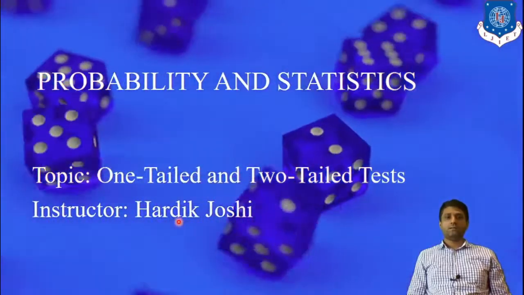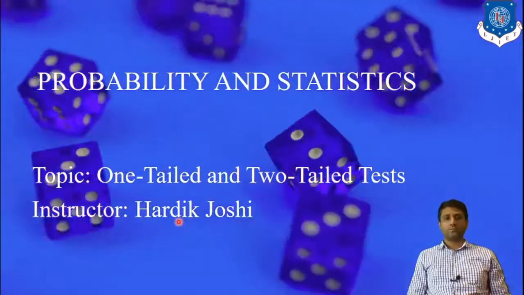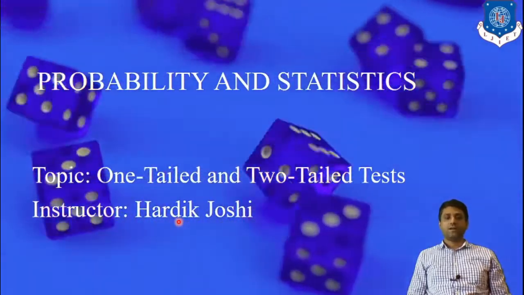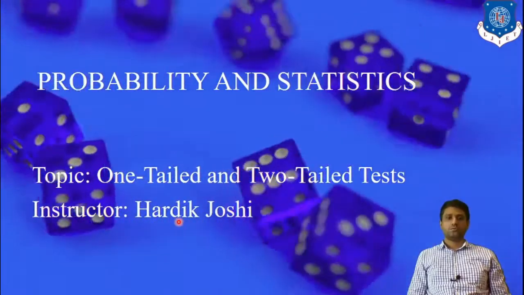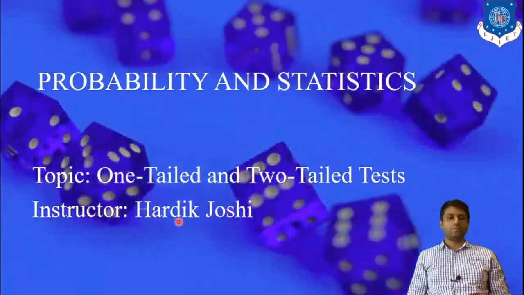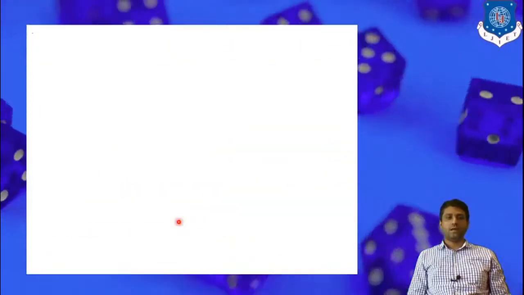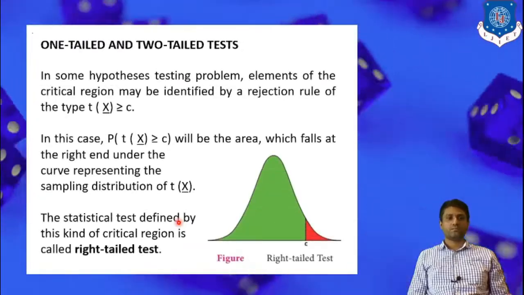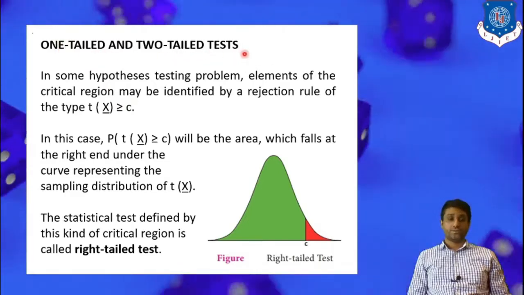It may be exactly not equal to whatever we considered in the null hypothesis, it may be greater than, or it may be less than. This we covered in our previous lecture, so in the context of that first lecture, we start this lecture to study one-tail and two-tail tests.